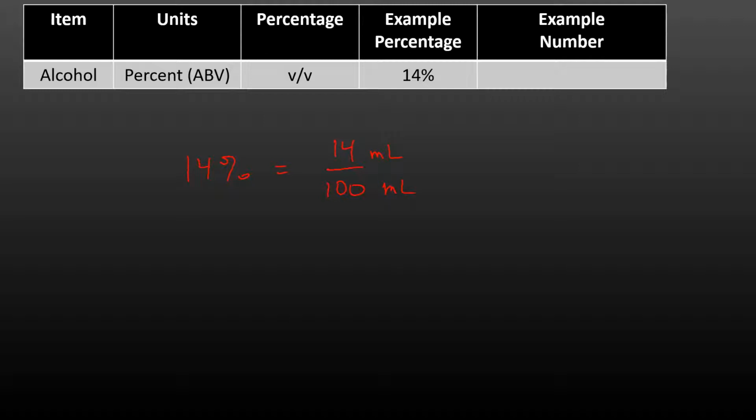Or it's also 140 milliliters per 1,000 mils, or 1 liter, if we multiply by 10 over 10, just like we did before. Okay? So it's a volume to volume percentage.